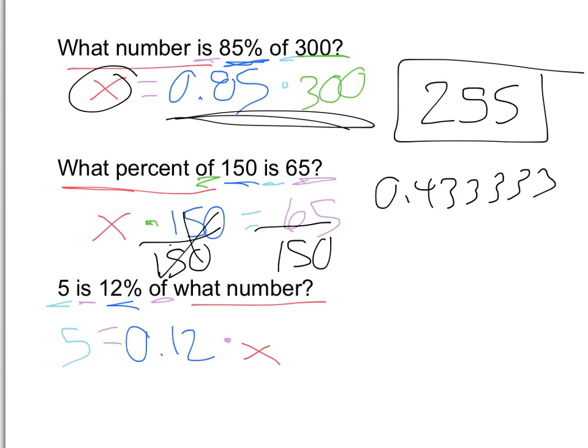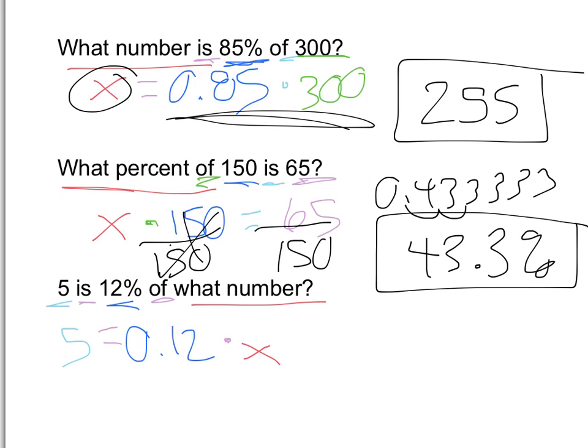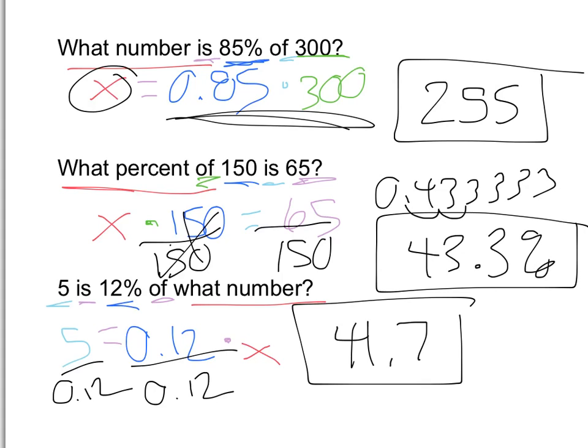We need to change it back into a percent, so we move it over 2 spaces, so 43.3%. And the last one, we need x by itself, so we divide both sides by 0.12. So 5 divided by 0.12 is 41.7 once you round.